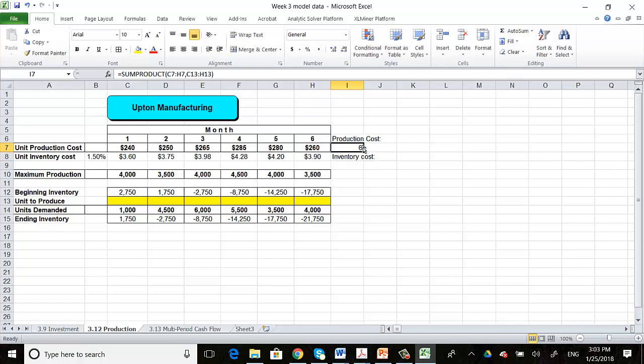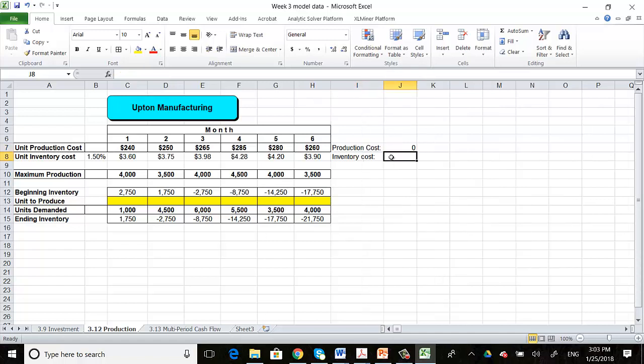Because I don't have space to put both of them, I'm going to move this one here, the production cost done and the inventory cost. The inventory cost is a sum product. Actually, we can copy this formula to calculate the inventory cost. The production cost is the unit cost times this one, and when we move it, we mainly just need to fix the decision variable column.